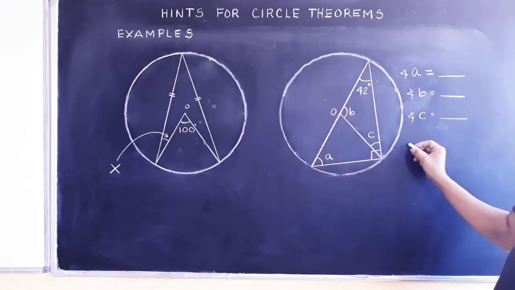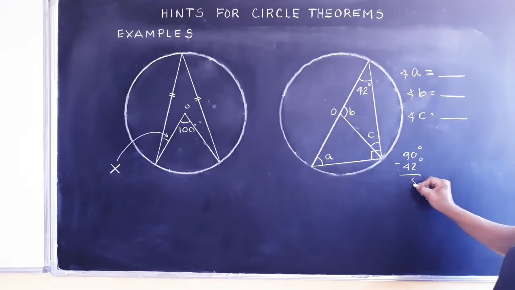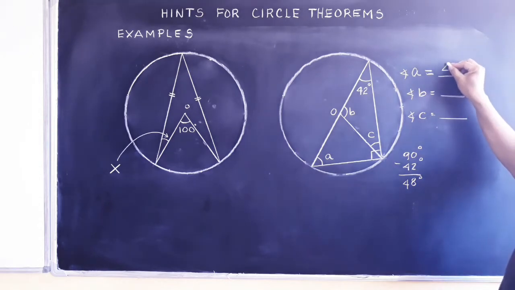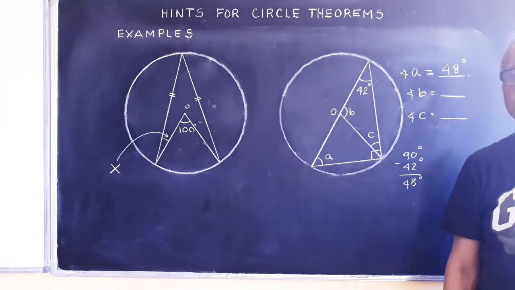We just subtract: 90 degrees minus that 42 degrees. So we have 48 degrees. So angle A is simply 48 degrees. That is the measure of angle A.